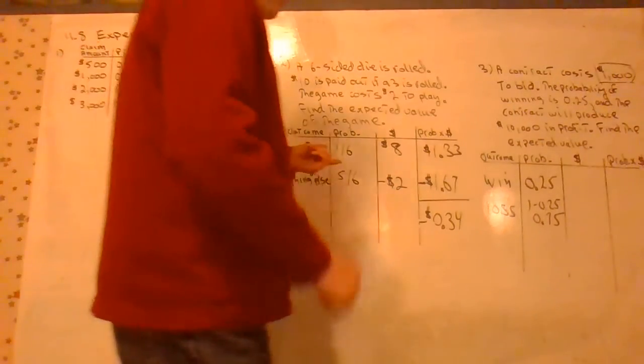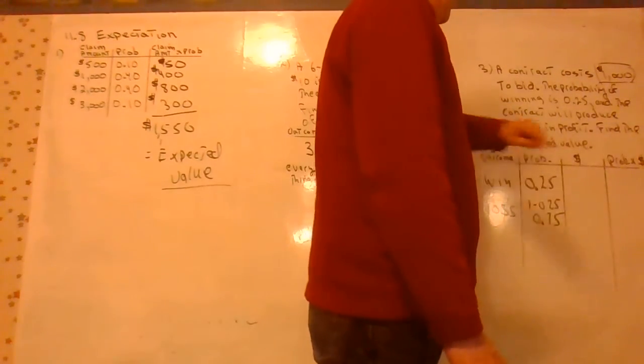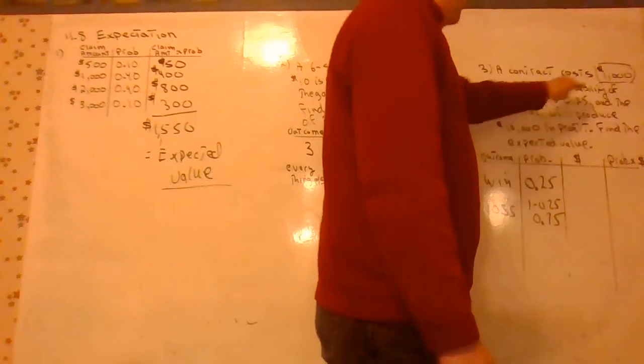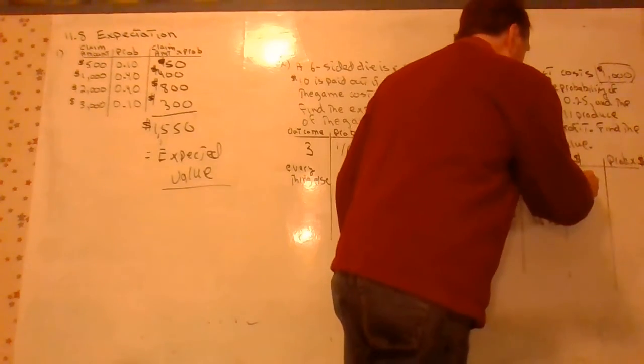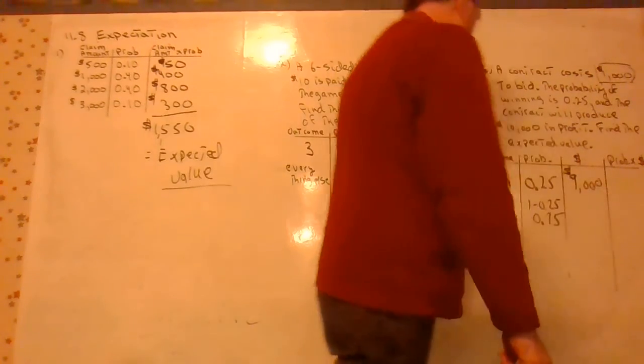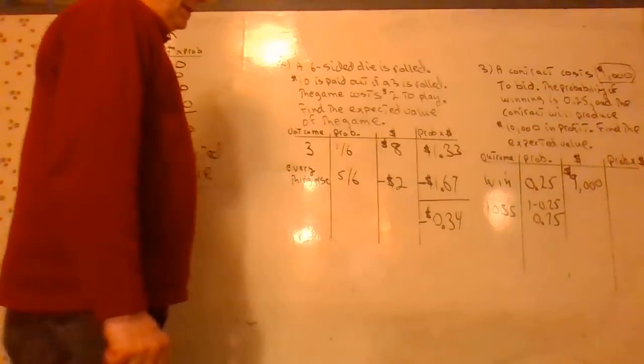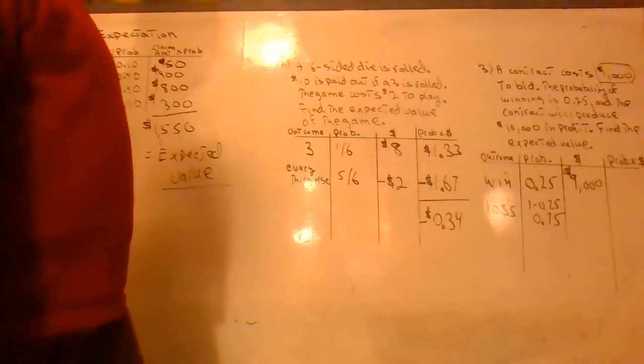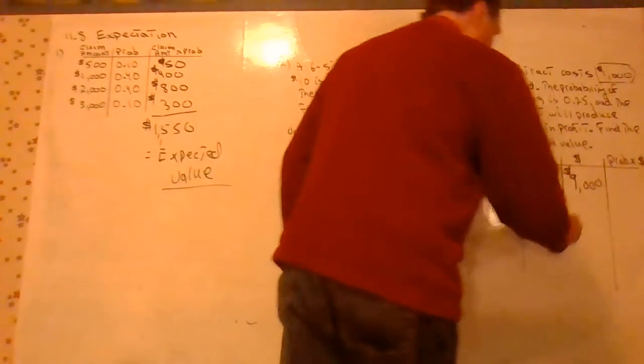Now the dollars, in the case of a win, 0.25, we show a profit of 10,000, but you have to take out 1,000, so it's only 9,000. Now the loss, in the event that we lose, guess what? We're out $1,000.